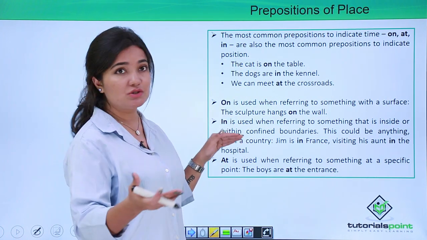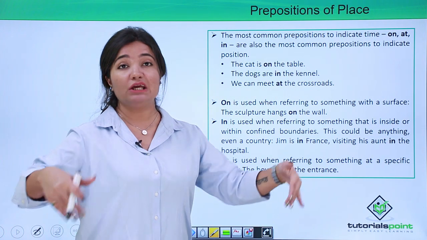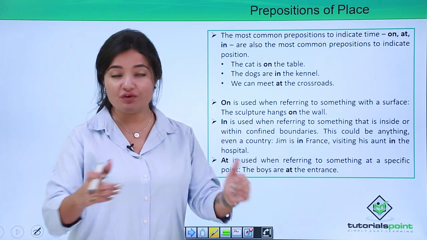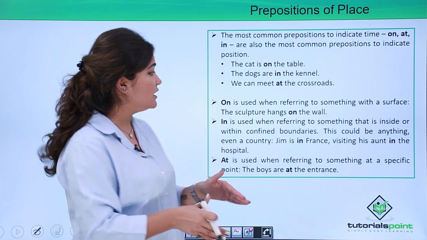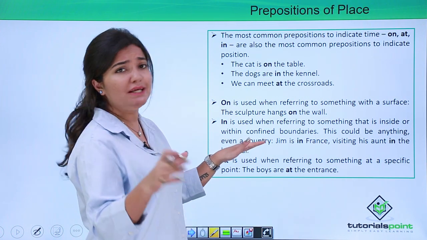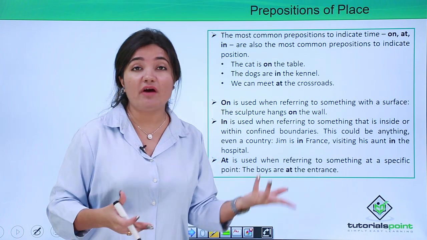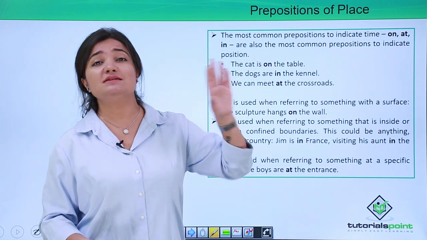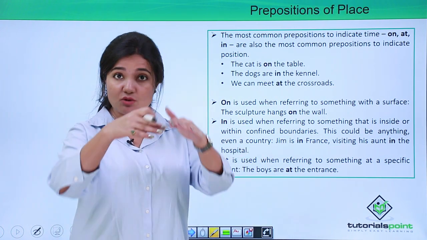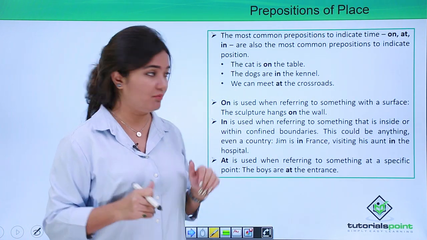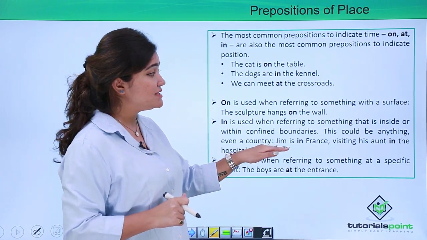Now in is used when, of course, you're referring to a boundary or something inside it, right? For example, it could be anything. Now because it is bounded, it could be in the ground, in the country, in the stadium, in the well, because all these things have a boundary around them, right? For example, Jim is in France.